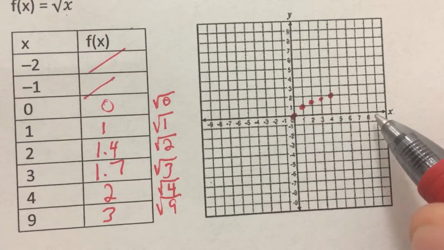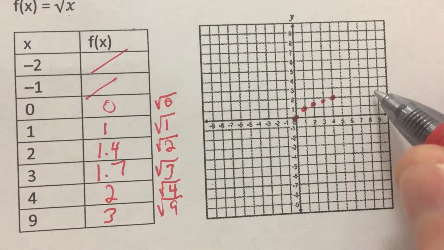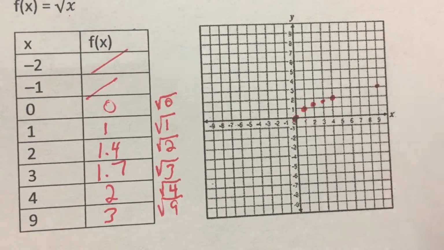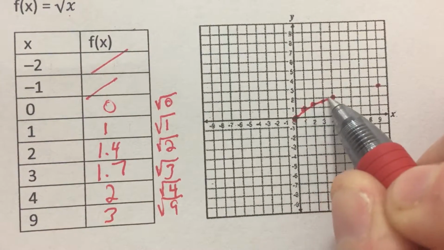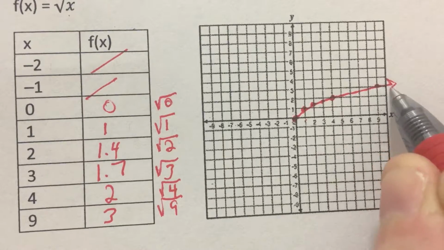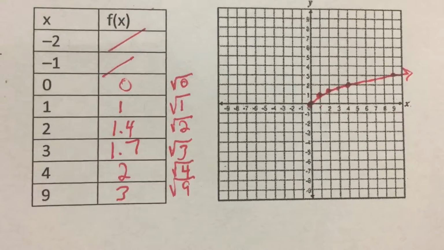And 9, 3 would be to the right 9 and up 3. And you'll notice that the square root function makes this shape. I like to call that the wave.